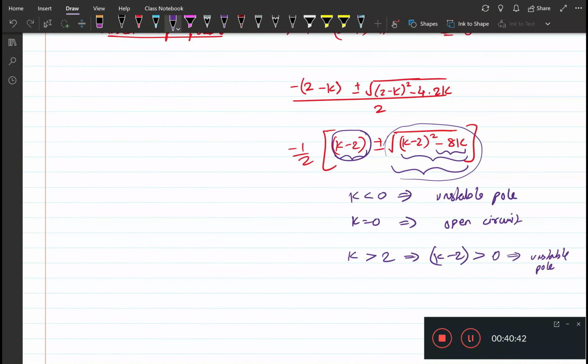So k has to be between 0 and 2 for stability.